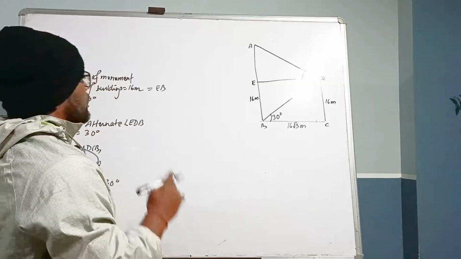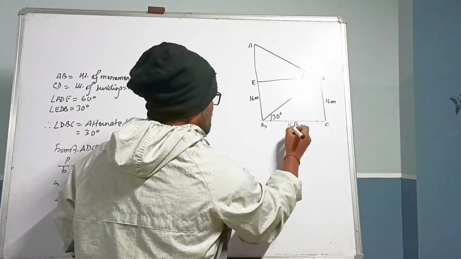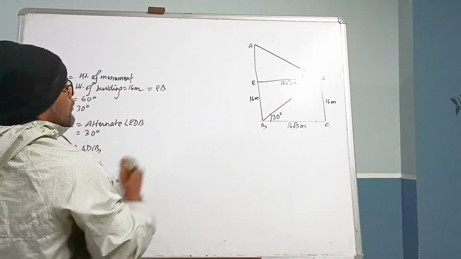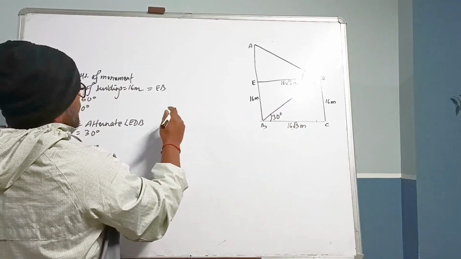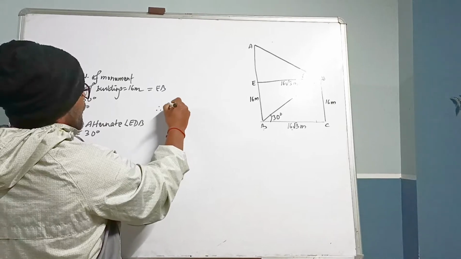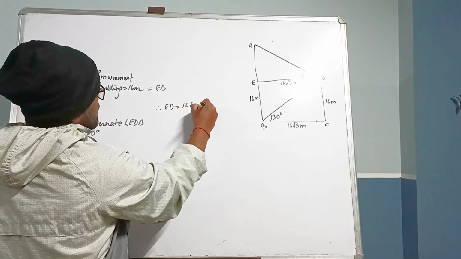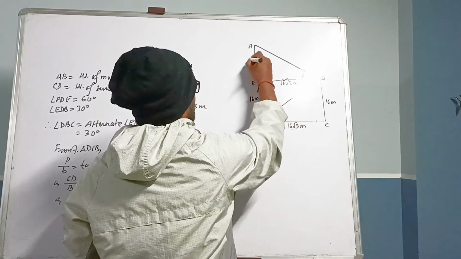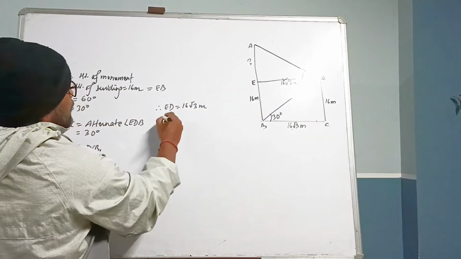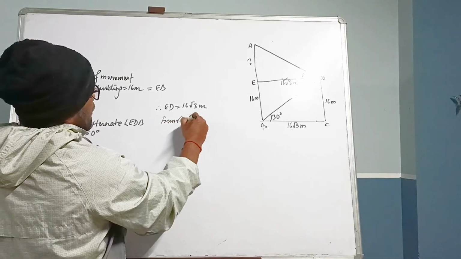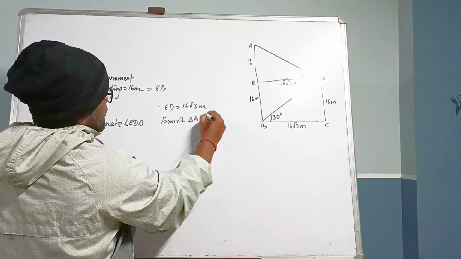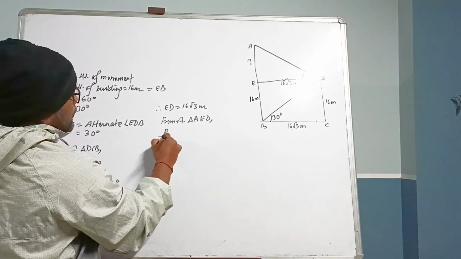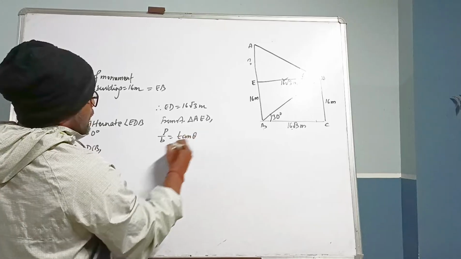Okay, so now if the value of BC is 16 root 3 meter, then the value of ED will also become 16 root 3 meter. Now from this triangle, we have the value of base, we have to find the value of perpendicular. From right angle triangle AED, same formula, perpendicular by base equals tan theta.